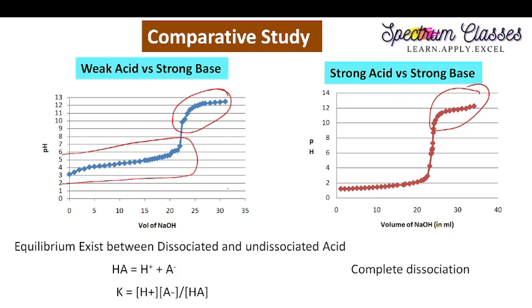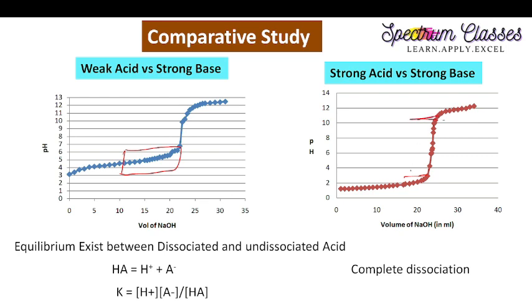Now we can have further observations in these two graphs. As we have a gradual change in this portion, the pH is 4 to around 6. So it changes gradually. But here in this case, a sharp change is observed from 3 to 10.